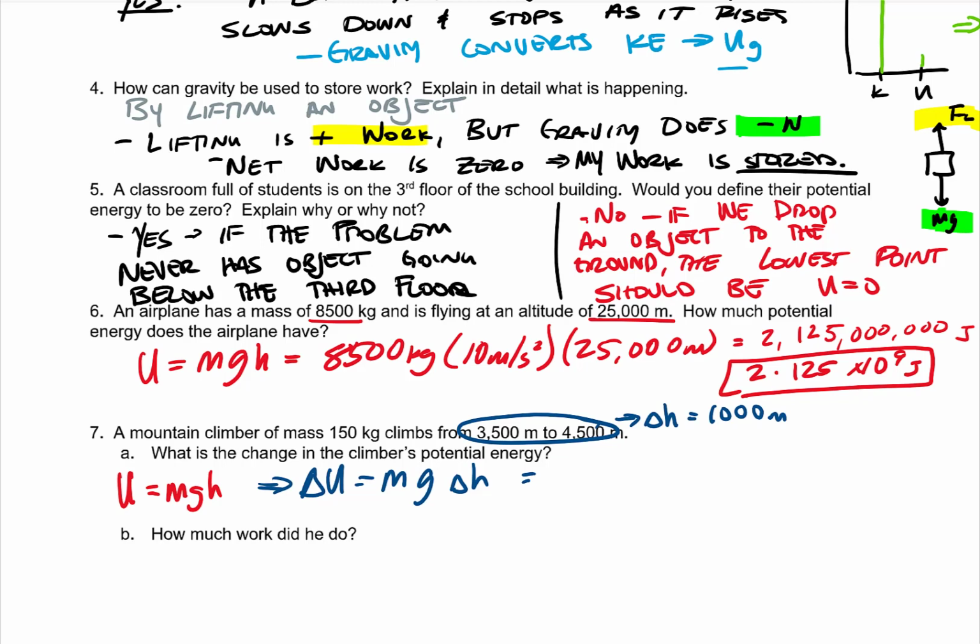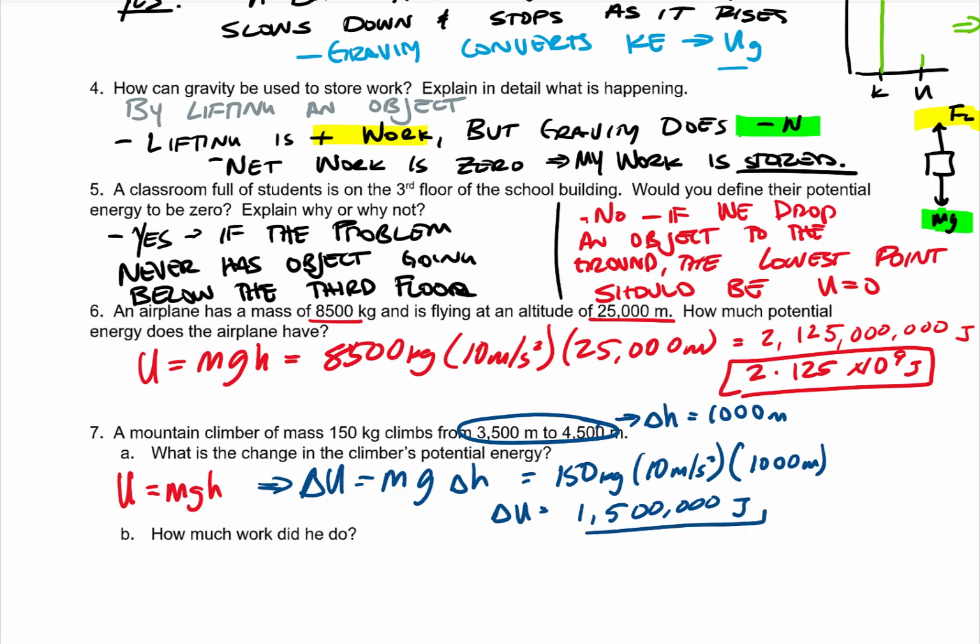So my potential energy is going to be the mass, 150 kilograms, times 10 meters per second squared, times my change in height of 1,000 meters. So my change in potential energy, it's not my total potential energy, it's just my change in potential energy, ends up being 1,500,000 joules.